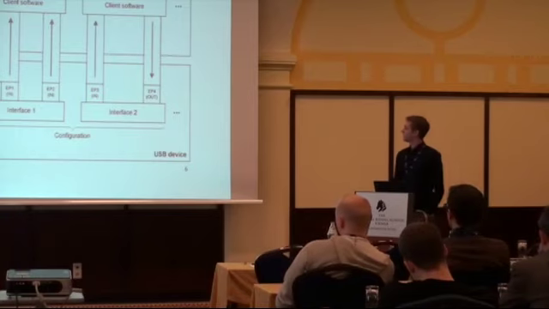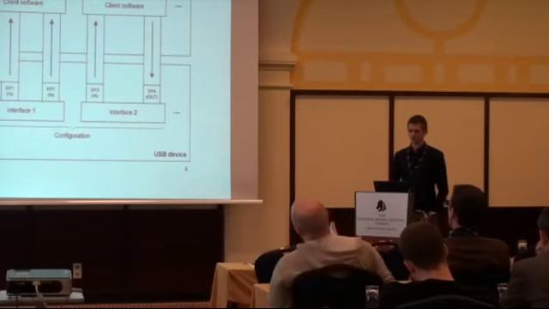And each pipe is connected to an endpoint on the USB device. So if a USB device wants to send data or receive data, it has to do it through an endpoint. Each USB device must provide at least one pipe, which is called the default control pipe. And that's the pipe where actually the descriptors are exchanged and where the enumeration happens.